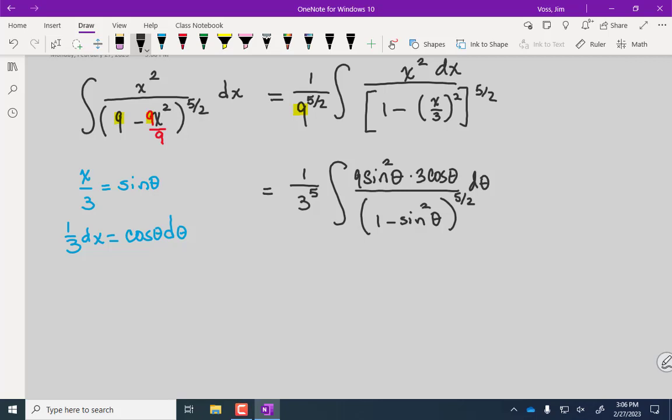We're in the denominator. Everyone okay with that? 1 minus sine squared gets replaced with cosine squared.